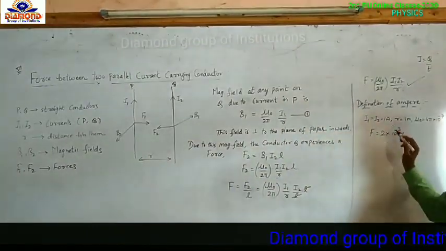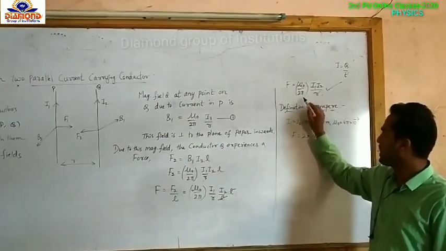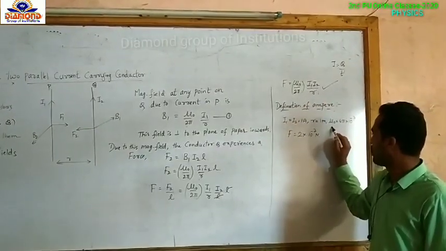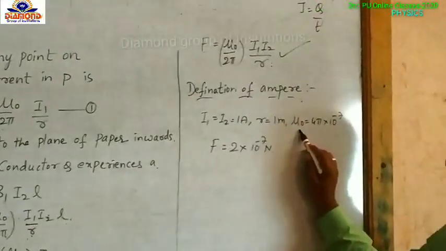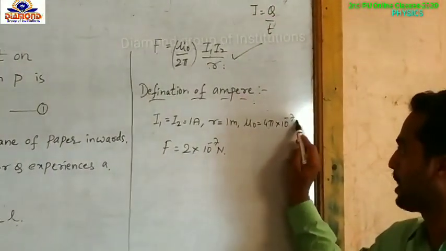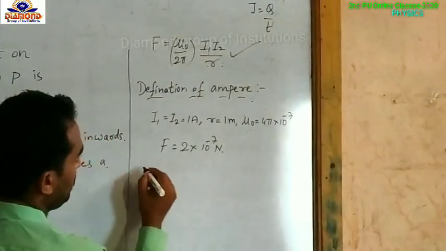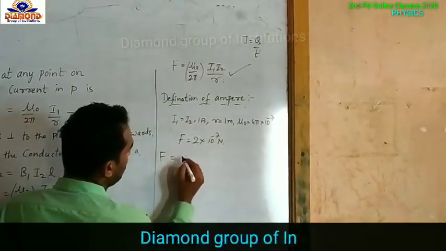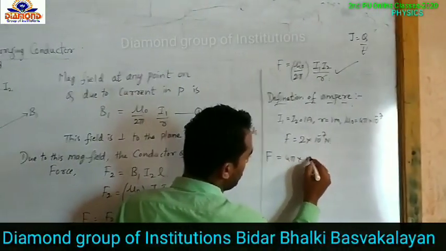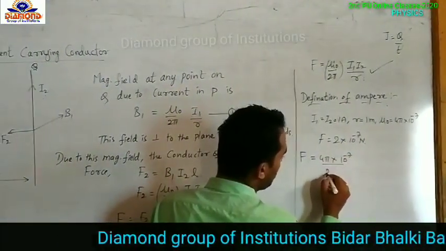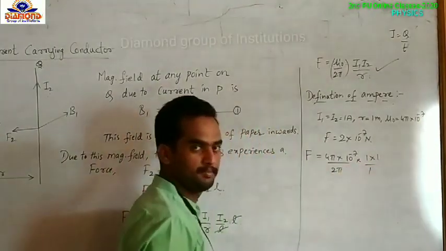Substituting I1 and I2 as 1, distance as 1, and mu naught as the well-known constant 4 pi into 10 to the power of minus 7, F equal to 4 pi into 10 to the power of minus 7 divided by 2 pi, into 1 into 1 divided by 1.